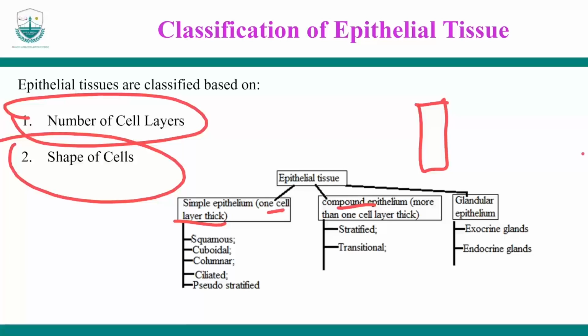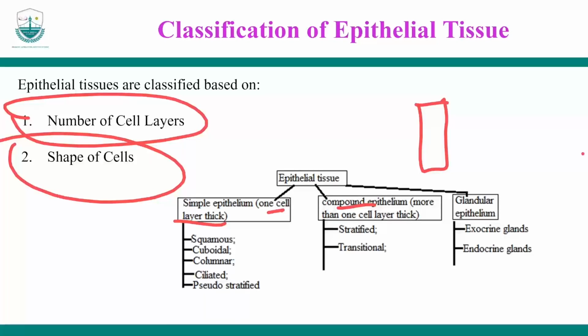So we're going to look at each of the subtypes within each main category. In our discussion of the subcategories, we are going to focus on, of course, the structure, the function, and how the structure is related to the function.